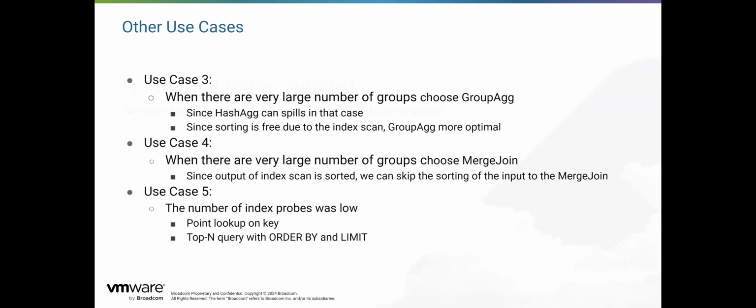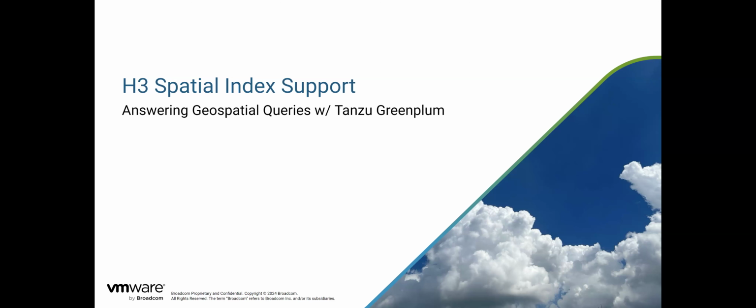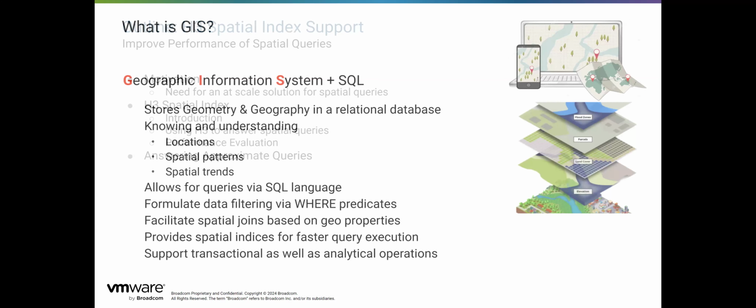Next. All right. So let's go on to geospatial topics. Let me introduce it, or actually you're going to introduce it, now that I recall the slides. You go ahead.